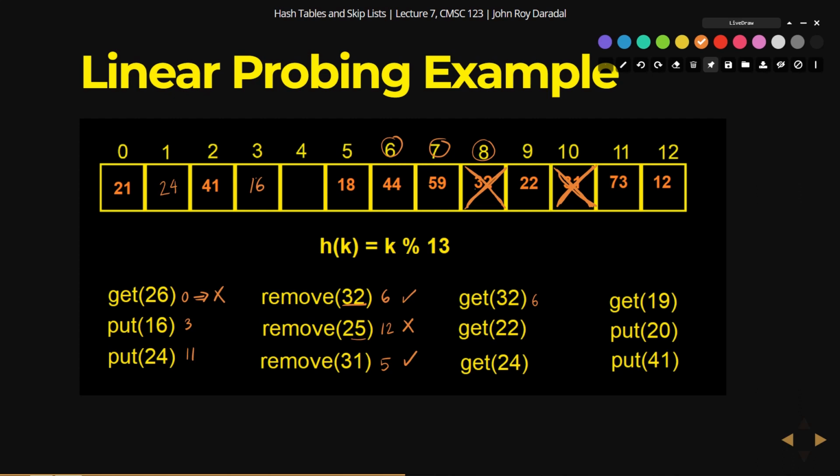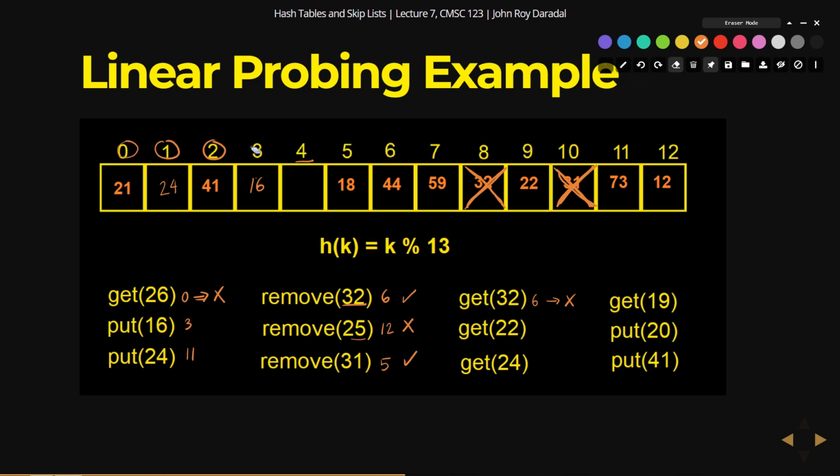So we just know that this is an available cell, so we just skip over it. Okay, is this 32? No. Is this 32? Well, it's an available cell, so we'll also skip over it. 32? No. 32? No. This is not 32. Until we reach index 4, wherein it's empty. So 32 actually does not exist in the map anymore because we actually deleted it earlier, right? So we stop already because we found an empty cell.